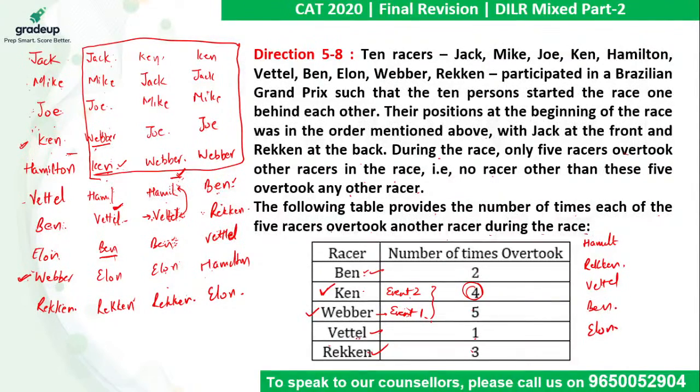Now when Ben overtakes two of them, that is one possibility. So he will move ahead of Raikkonen, Hamilton, Ben, Raikkonen, and Vettel. And when Vettel moves one step ahead, Vettel will come here, and then Raikkonen will move one step down, and this will be the position of Eon. So this is also a possibility for the last five.